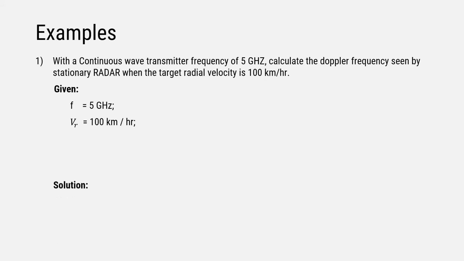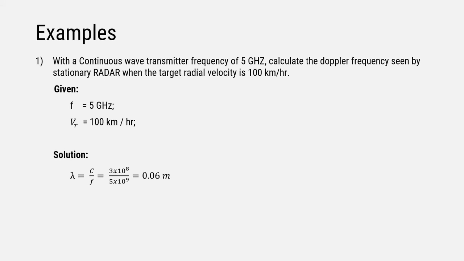Our solution would be, first we need to identify lambda, which means the wavelength of the given frequency. Lambda is going to be c by f, where c is the speed of light and f is the frequency given by the transmitter. In this case, the wavelength lambda is 0.06 meter.